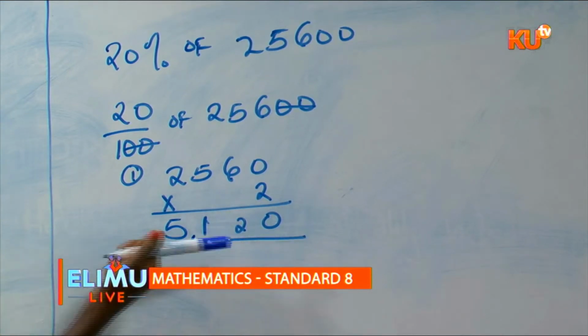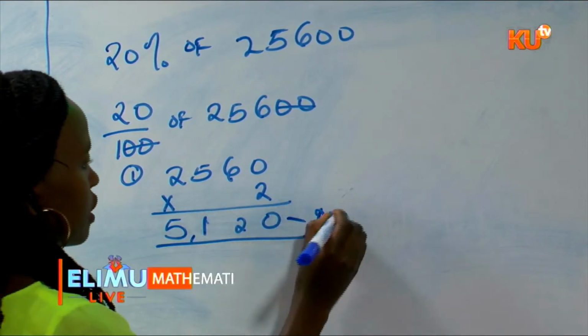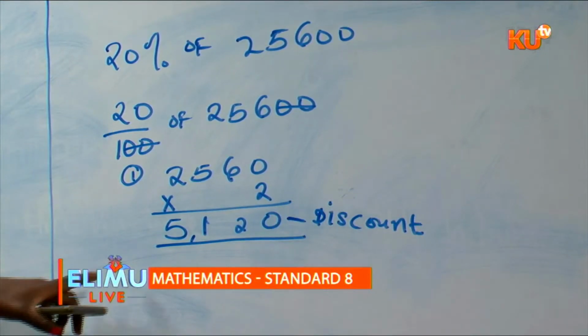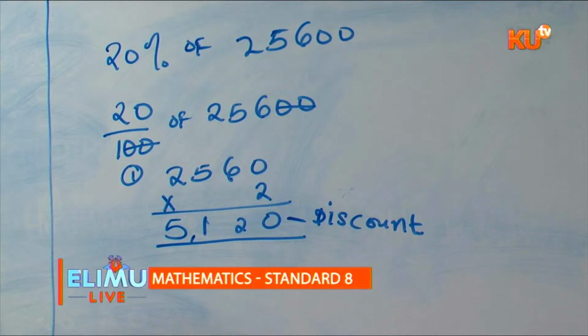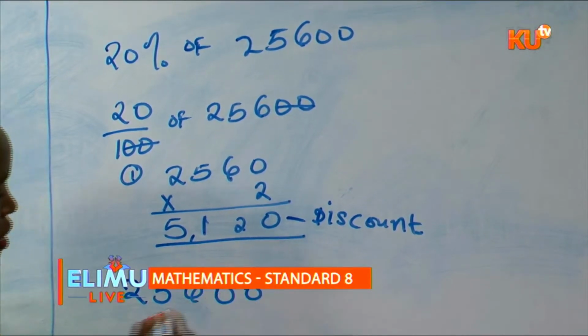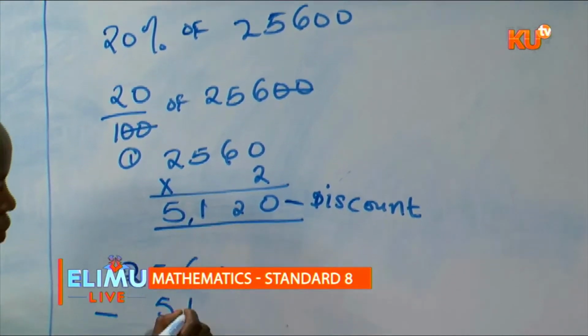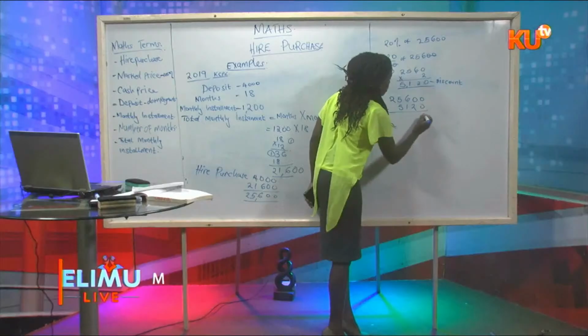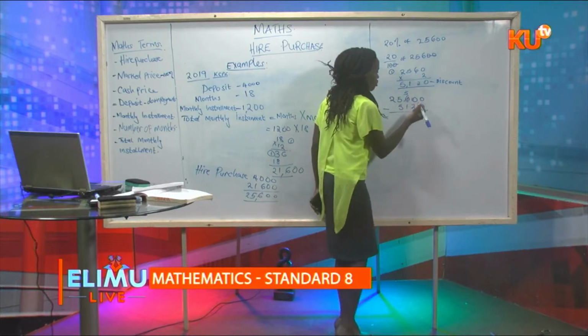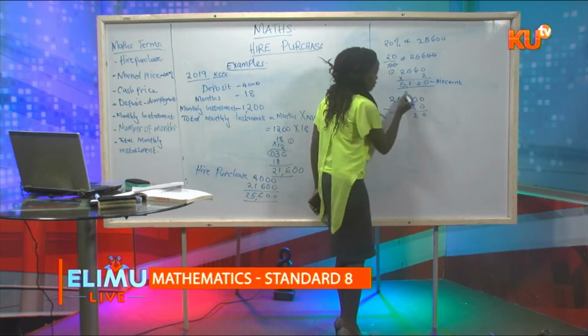So 5,120 was the discount given. So we less from the hire purchase to get the amount that he paid on cash. 25,600 minus 5,120. We borrow 1 here, we remain with 5. 10 minus 2 is 8. 5 minus 1.